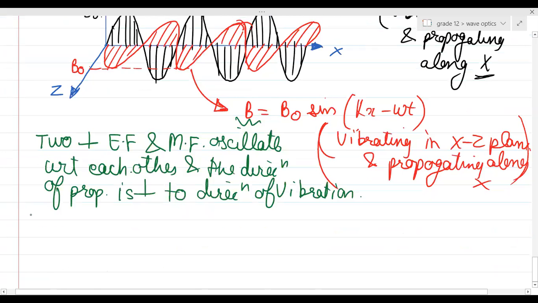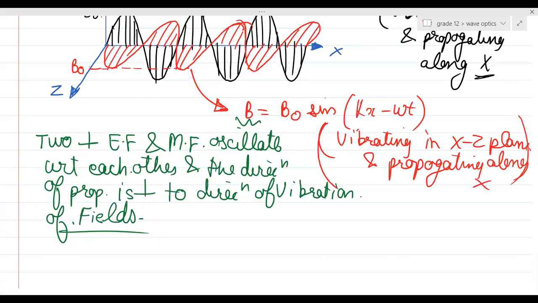So is the speed E naught by B naught? Okay. Is this clear, guys?